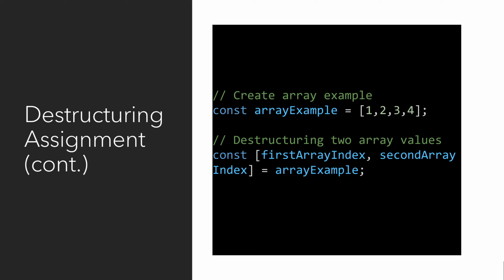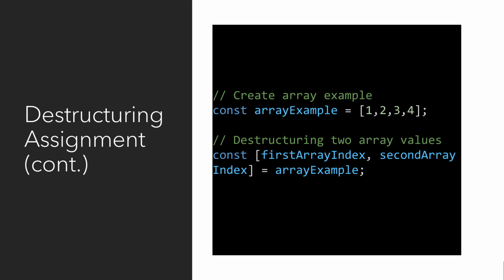Notice it flips the sequence of where the variable is placed within this. The first one assigns the array to the variable. The second one assigns values out of the array to other variables it creates. The first is normal assignment. The second one is destructuring assignment.